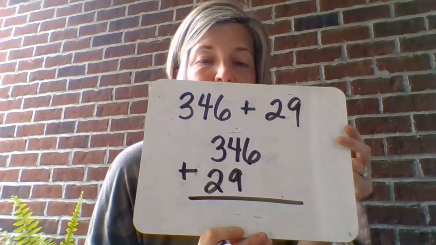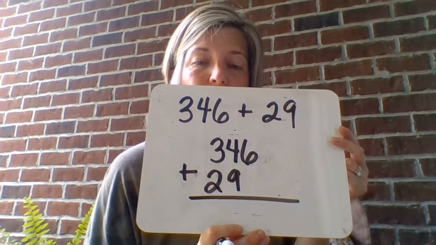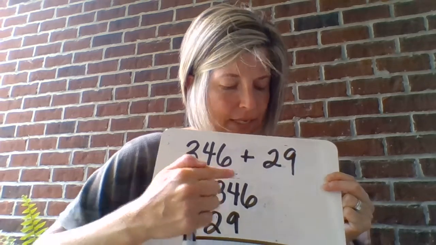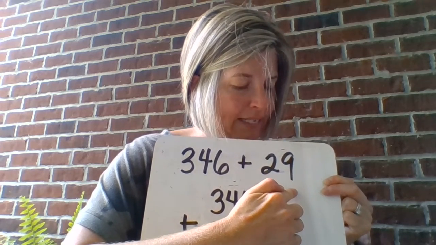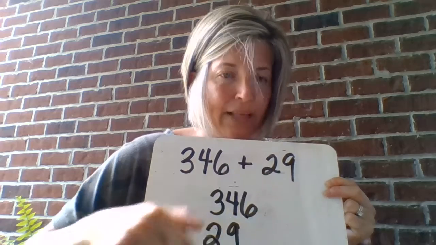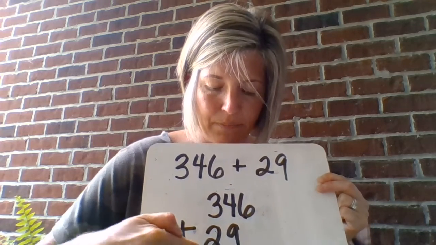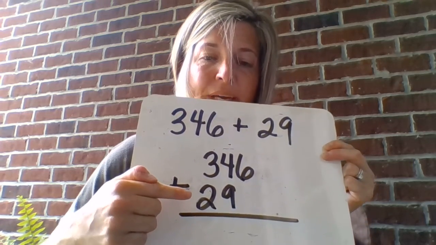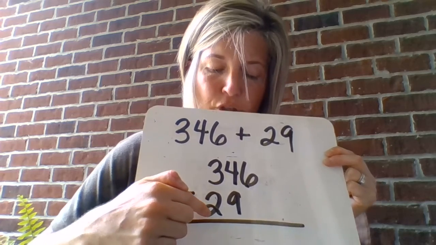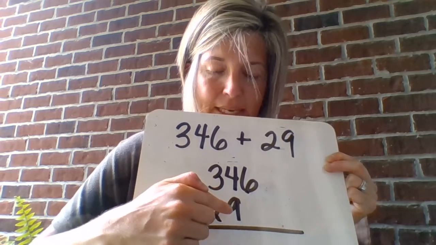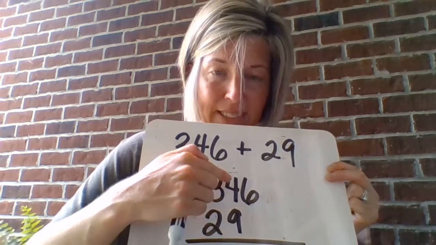Can you look at this problem right now and see what I did wrong? I know in this first number, the 6 is in the ones, the 4 is in the tens, and the 3 is in the hundreds. In the second number, the 9 is in the ones, and the 2 is in the tens. But as I wrote this problem here, I have it where my 2 is lined up with my hundreds place, and my 9 is lined up with my tens place.